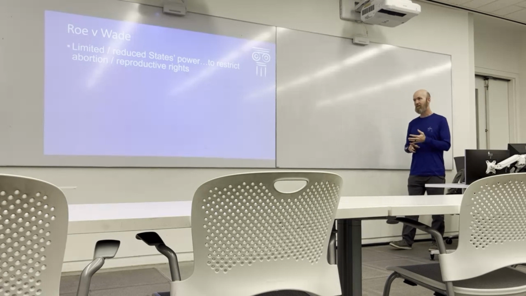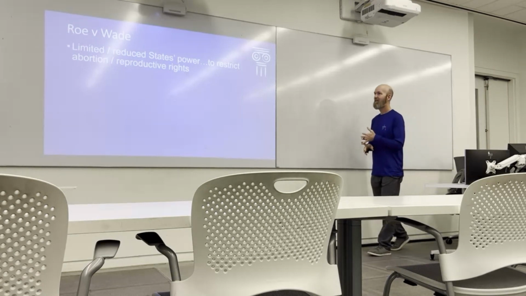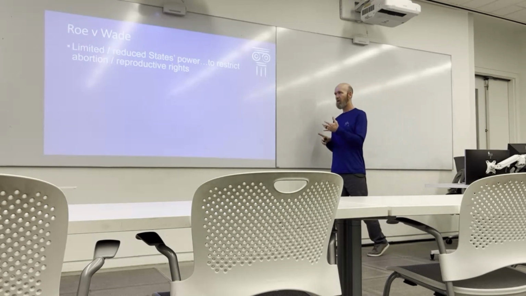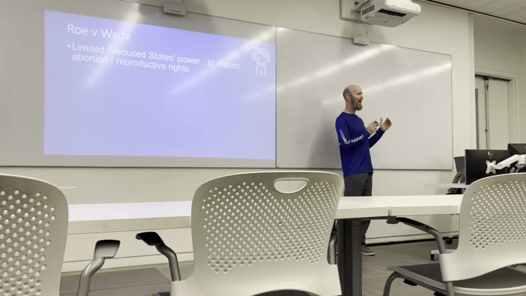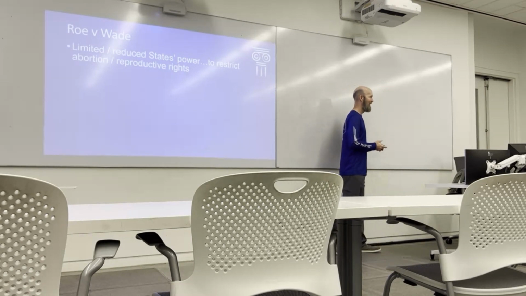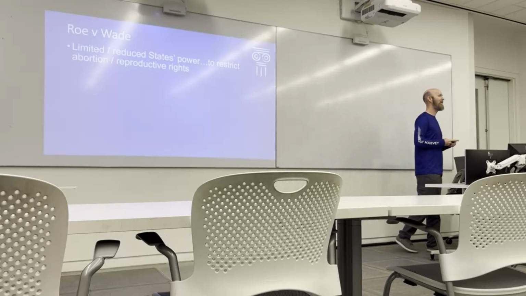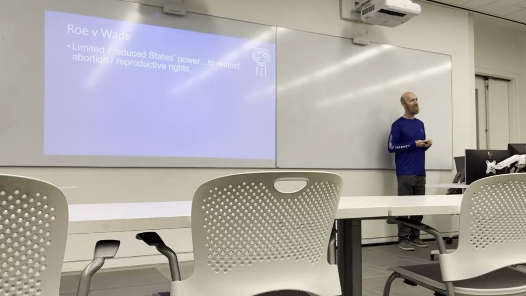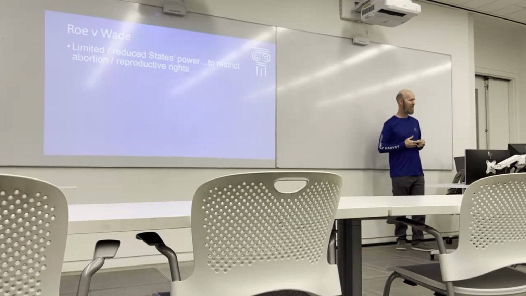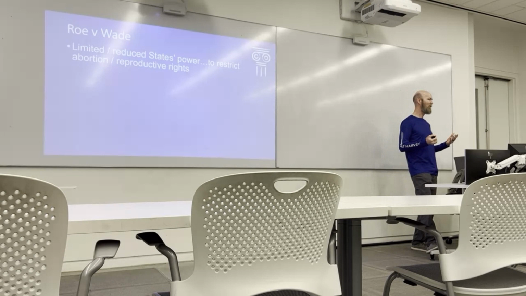But also, it limited or reduced states' powers. And hypothetically, this would be a really tricky question to say something like, which of these cases reduced states' powers? Because normally when we think of Roe v.